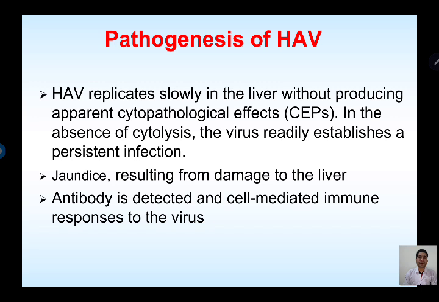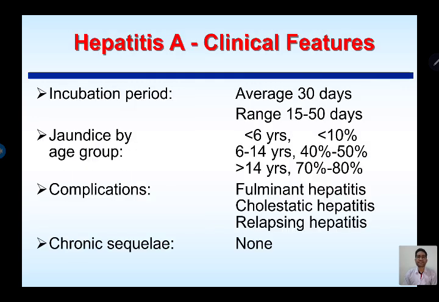Hepatitis A virus replicates slowly in the liver without producing cytopathic effects. In the absence of cytolysis, the virus readily establishes a persistent infection. Jaundice results from damage to the liver. Antibody is detected, and there is a cell-mediated immune response to the virus.